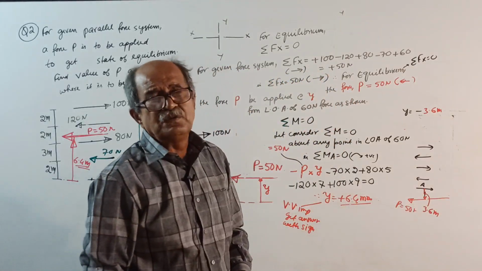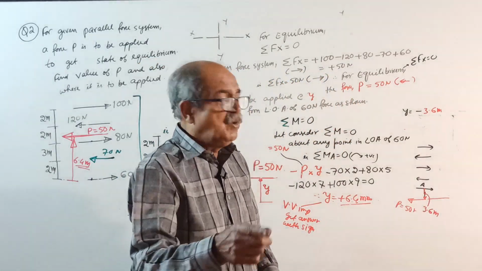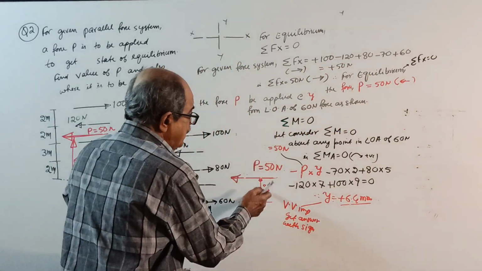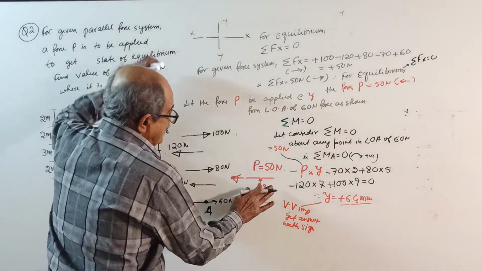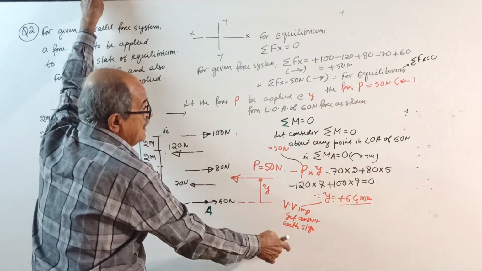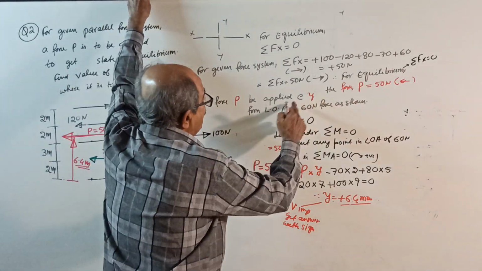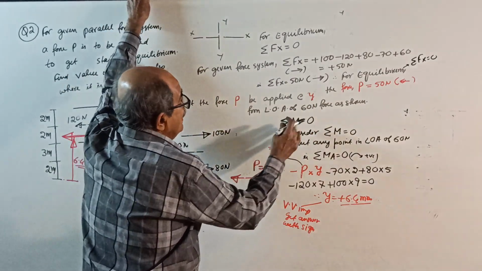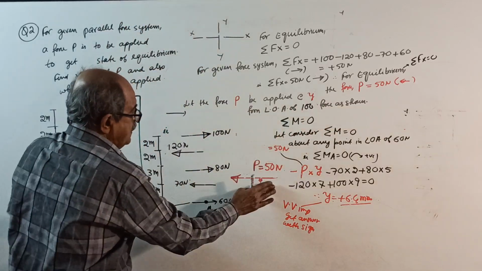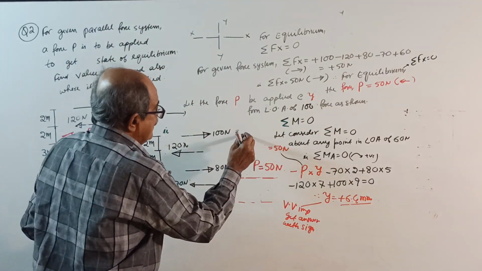Over. Make a note. Now, one homework for you. I took Y from here. Now extend the question the same way: you write Y from the line of action of the 100 Newton force, that is, instead of here, you take it here, below.